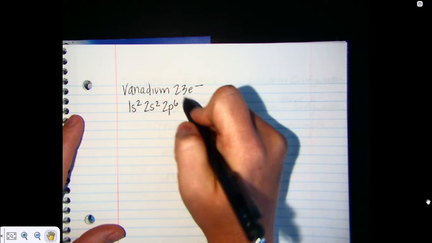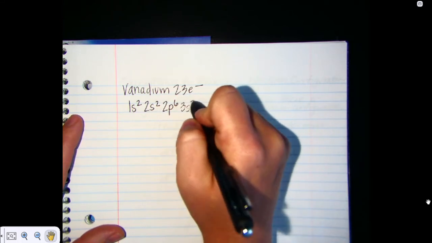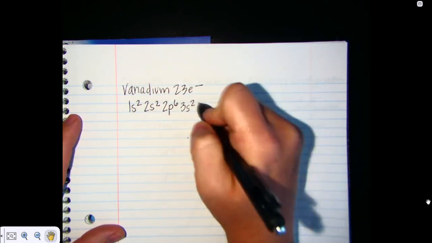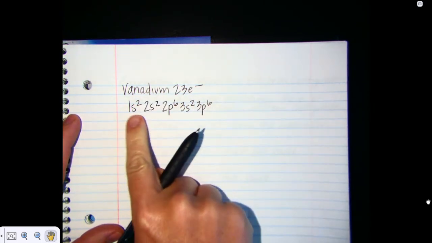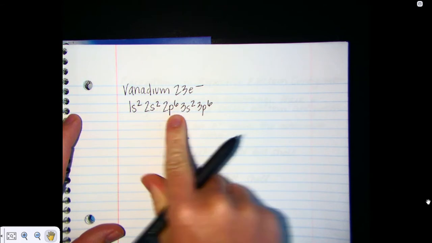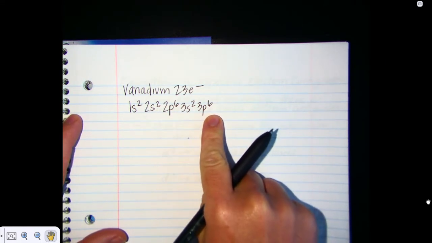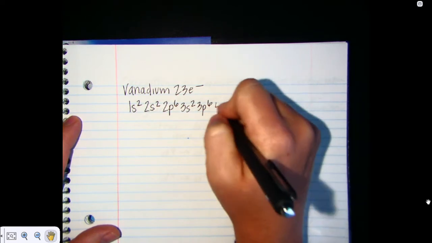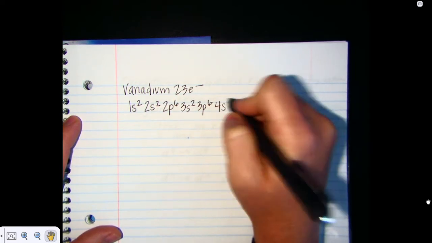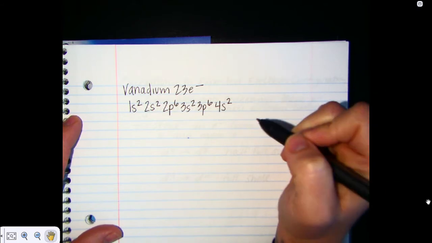What comes after 2p? 3s holds 2. Then 3p holds 6. So now where am I at? 2, 4, 10, 12, 18. We've got 5 more. What comes after 3p? 4s, 2. So now how many do I have left?